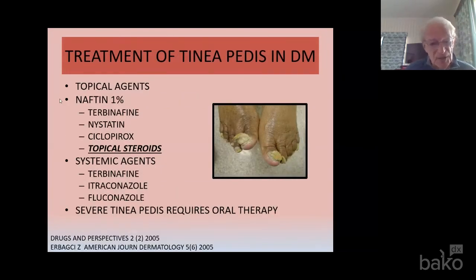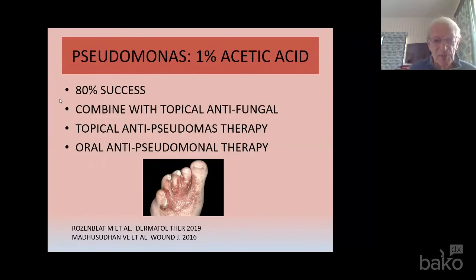The tinea pedis, of course, you're all familiar with treating that. And here again, I tell patients like this that a topical alone is probably not going to be sufficient, that we need to utilize oral antifungal therapy for treating these nails, if they're infecting those web spaces.